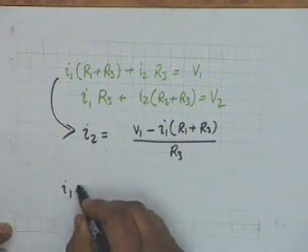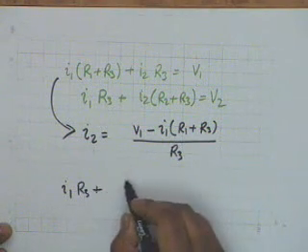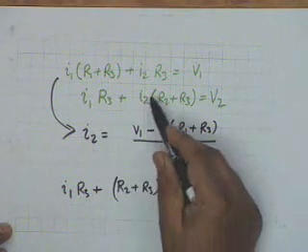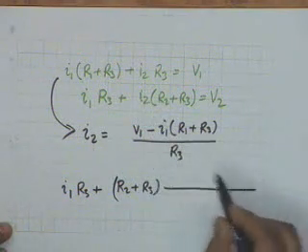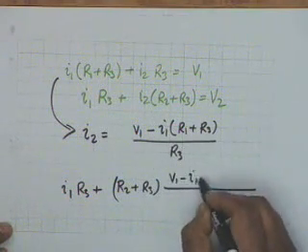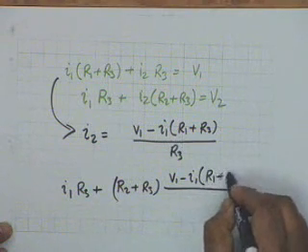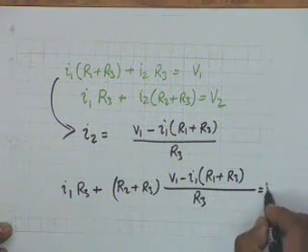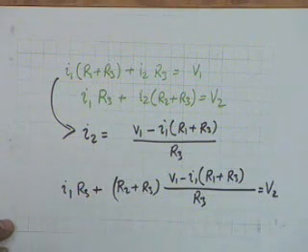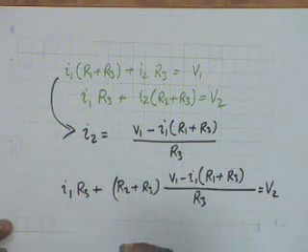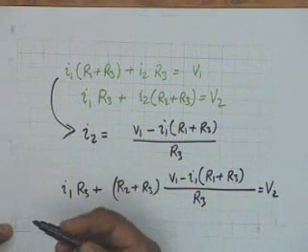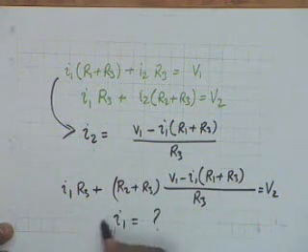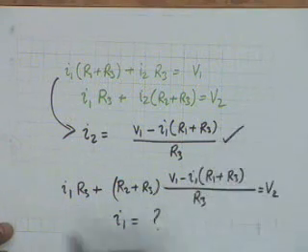That is, you could write I1 R3 plus R2 plus R3 multiplied by I2, and instead of I2 you could write this whole expression, V1 minus I1 times R1 plus R3 divided by R3, and this whole thing is equal to V2. Now in this equation only I1 is the unknown, and therefore you can solve for I1, and once you solve for I1 you could find out I2.